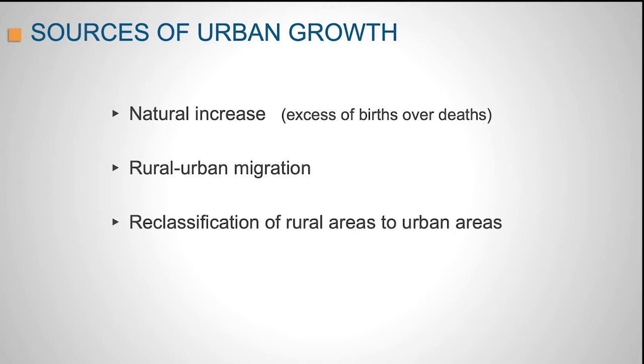Nonetheless, the share of these three drivers of urban growth, natural increase, migration, and reclassification, has been shown to fluctuate over time in the cities of developing countries. Rural-urban migration is estimated to contribute some 20 to 30% of urban population growth.